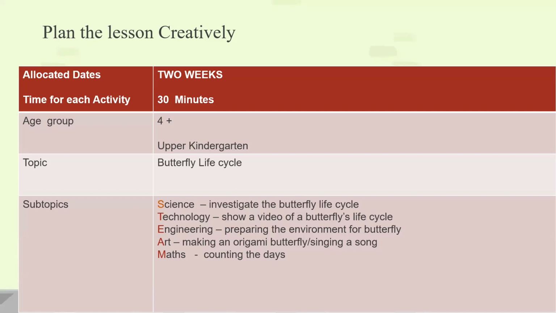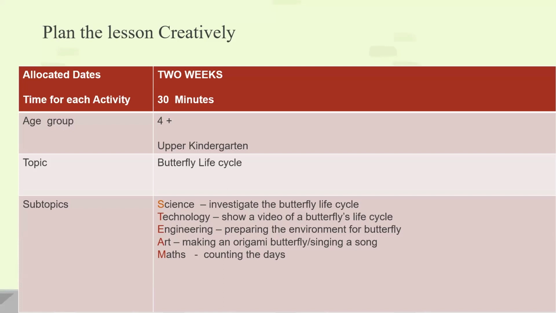My lesson is about the life cycle of a butterfly. I think actually we need 10 days of time till the butterfly grows. So therefore I have allocated 2 weeks of time.